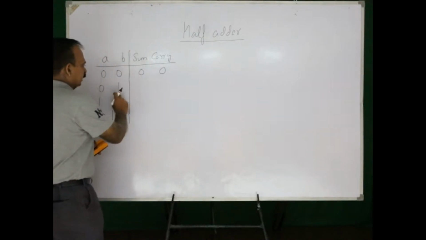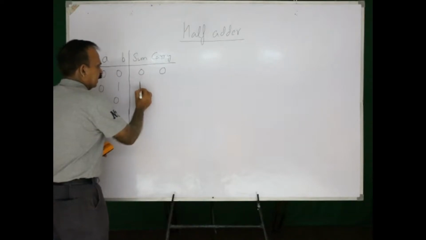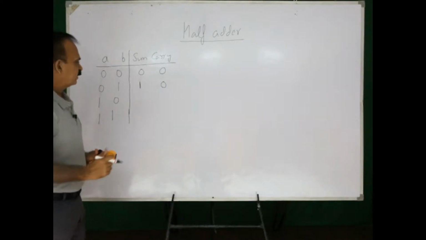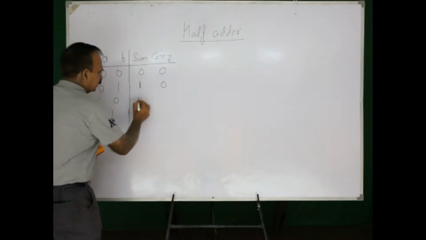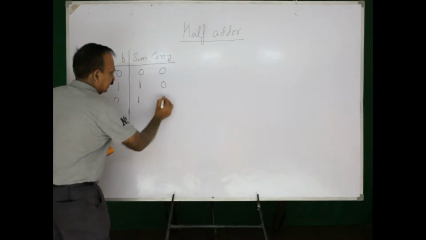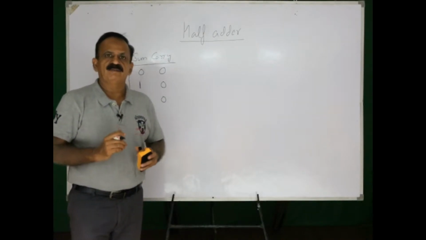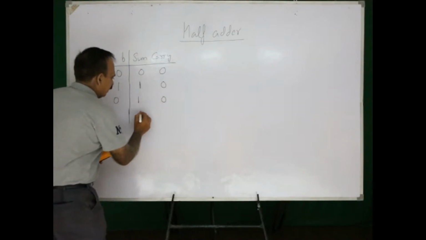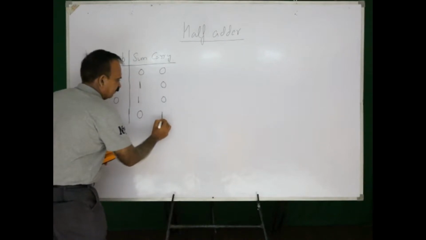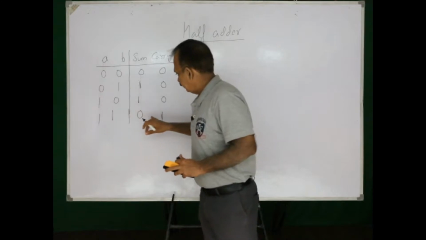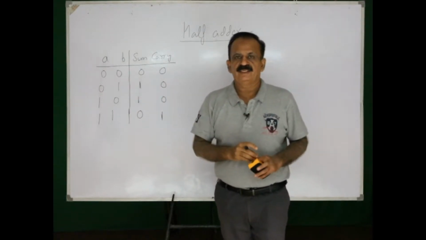Now, 0 plus 1, the sum value is 1 and no carry, so carry is 0. The next one is 1 plus 0, sum is 1 and the carry is 0. Now, 1 plus 1, the sum value will be 0 and carry will be 1, which is going to the next stage.